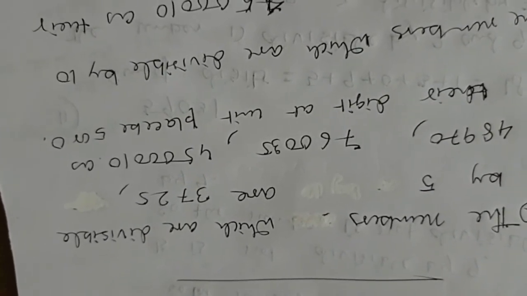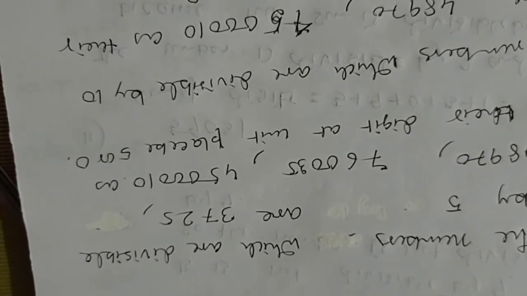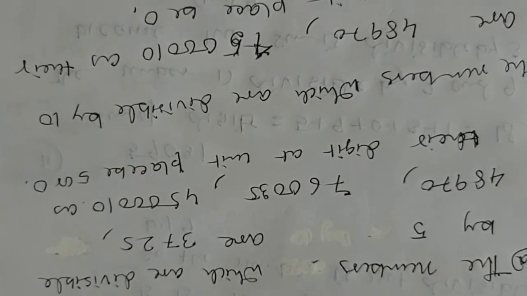The numbers which are divisible by 5 are: 3725, unit place digit is 5. 48970, unit place digit is 0. 4760035, unit place digit is 5. 450010, unit place digit is 0. That's why these numbers are divisible by 5.